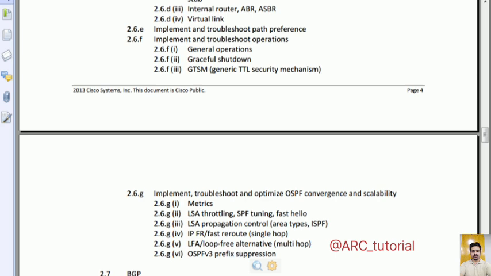LFA is still not covered, loop-free alternate path. You can say fast reroute is still left in OSPF. And do you remember the uses of fast reroute in EIGRP? In EIGRP you already had feasible successors, but in OSPF there is nothing like a feasible successor.